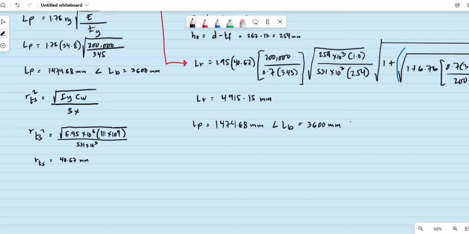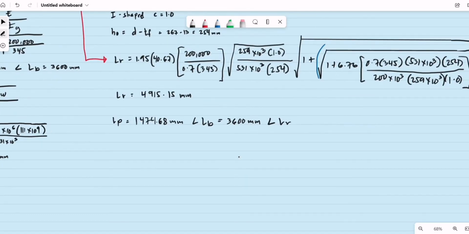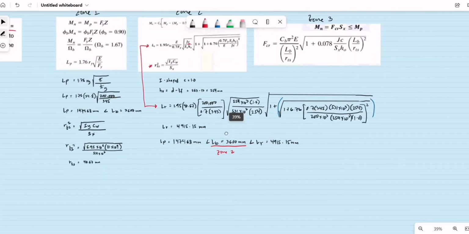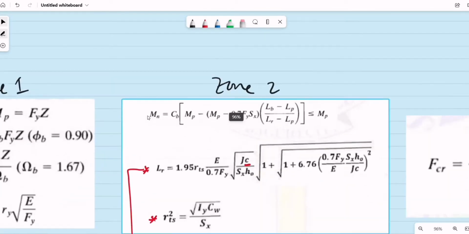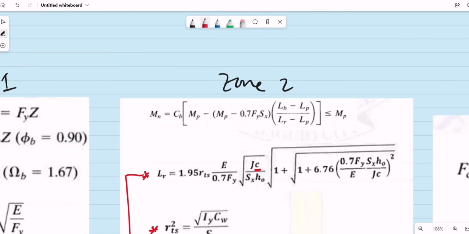But also less than the value of our L sub R, which is equal to 4,915.15 millimeters. So which means the section for this unbraced length is under zone number 2. Since it is under zone number 2, we'll be using this equation to compute for the nominal moment capacity.